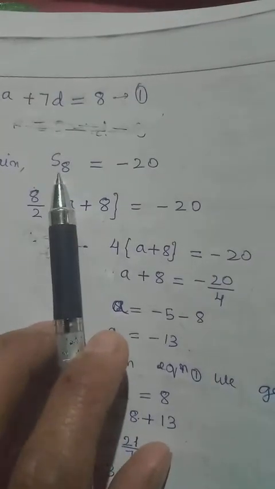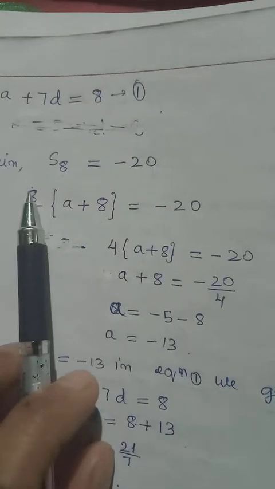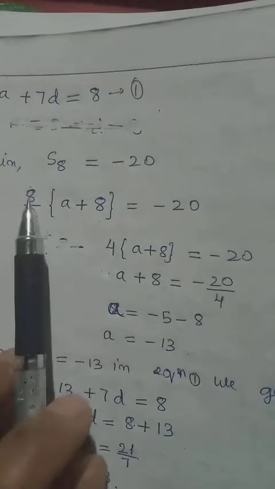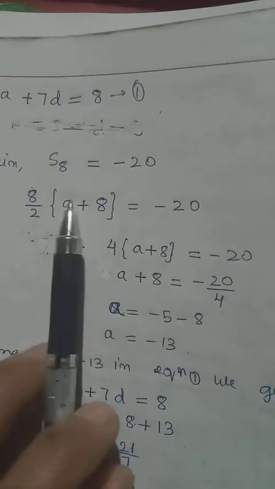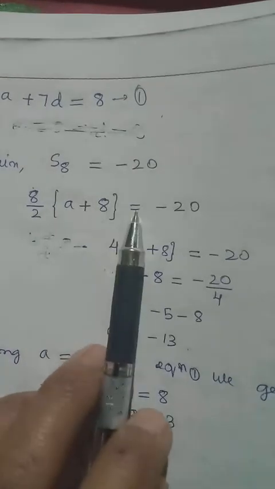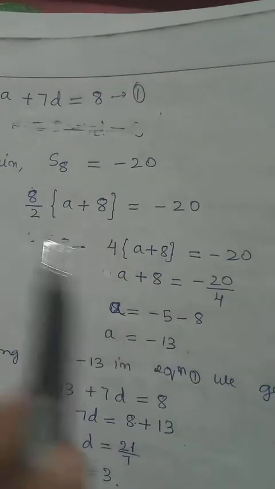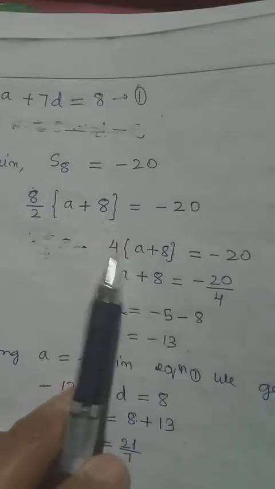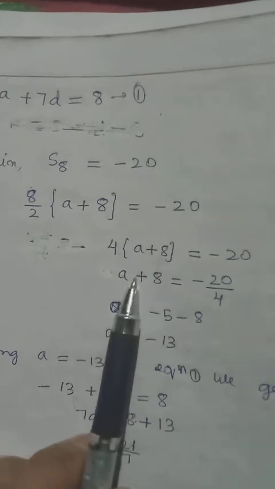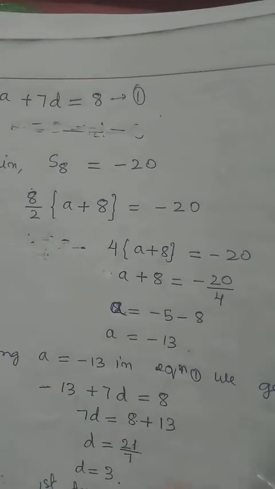For the formula Sn, we know the last term, so we can use the next formula, that is n by 2 (A plus last term), which is equal to minus 20. 8 we can divide by 2, 4. The 2 on that side becomes divide. Then the plus, taking to the other side, becomes minus. Both minus we have to plus, but the sign remains minus.